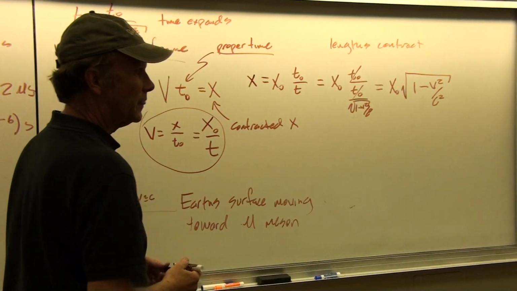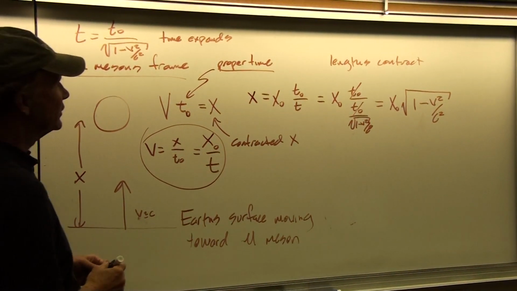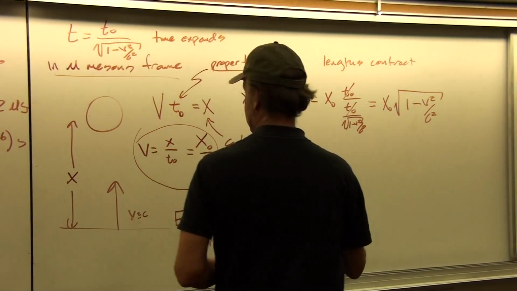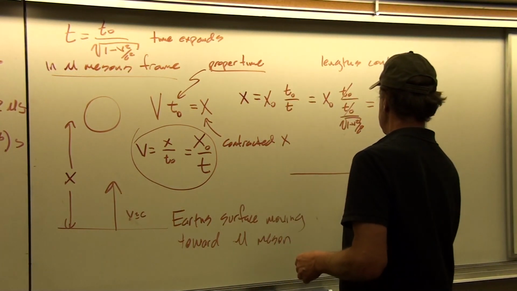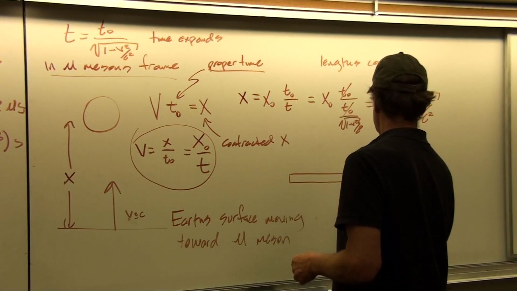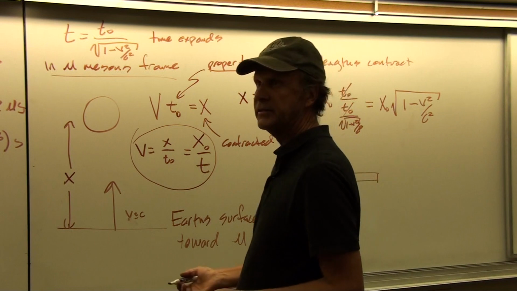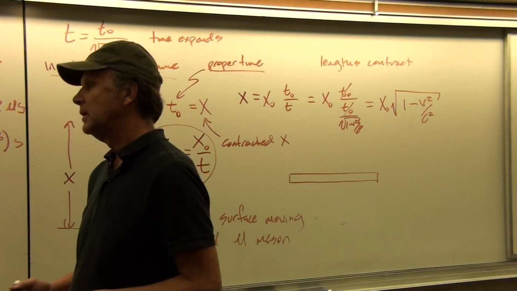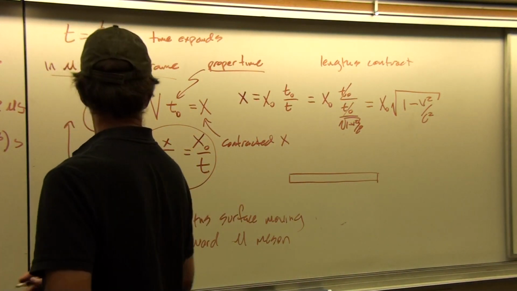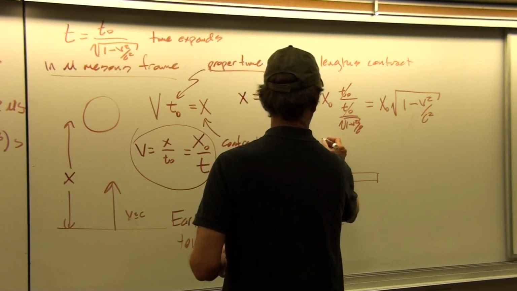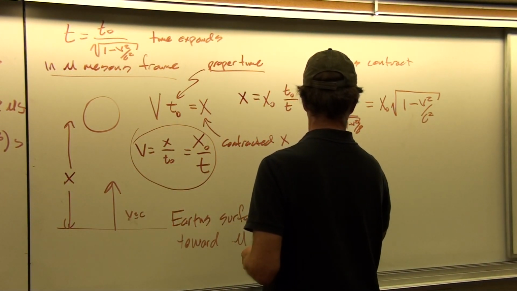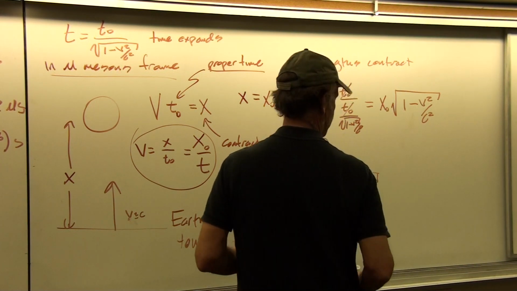Okay, so what does this mean physically? Well, let's say that I'm moving along with a meter stick. And I'm running along, let's say, at 0.6 c. So here I am, running along at 0.6 c, holding the meter stick, like that.